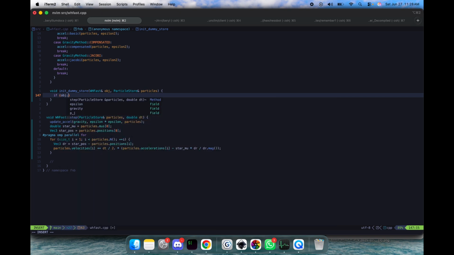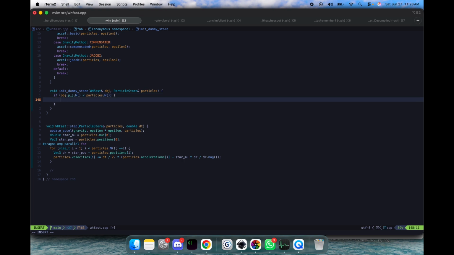if object dot n, object dot pj dot n is less than particles dot n, we then proceed to just add more.